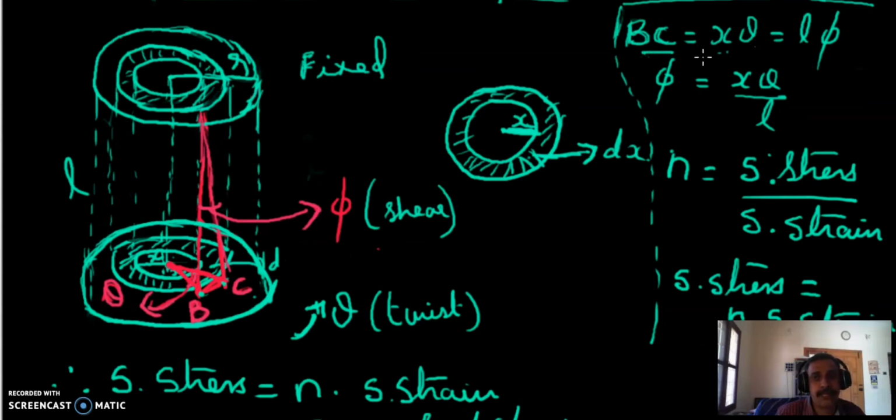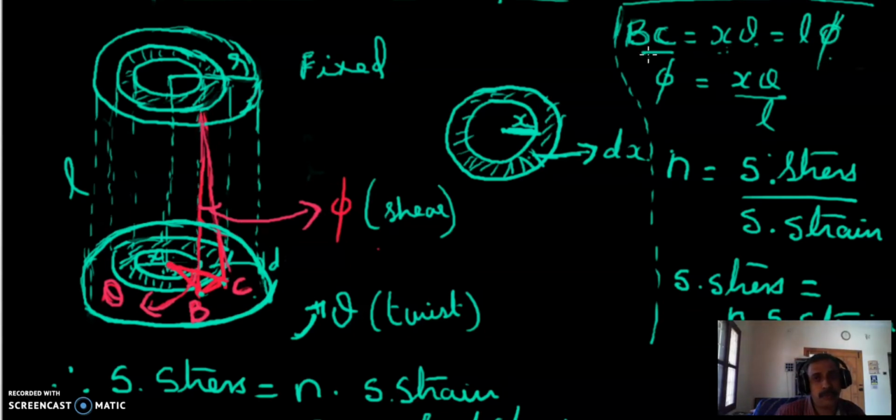So arc length is nothing but radius multiplied by the angle subtended. Similarly, we can also write BC as this length L multiplied by this angle phi, that is L into phi.